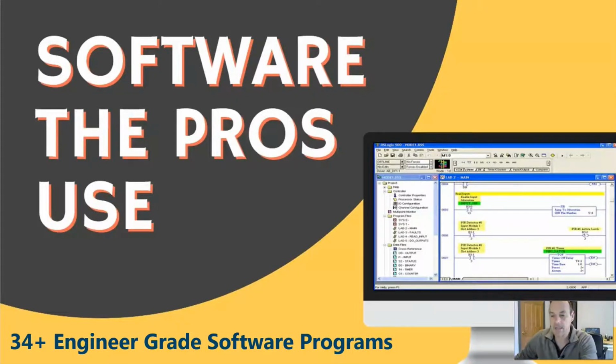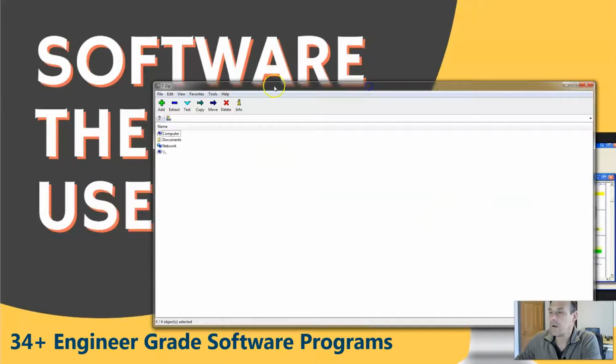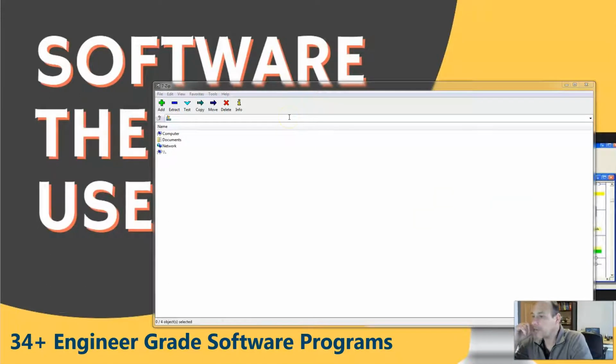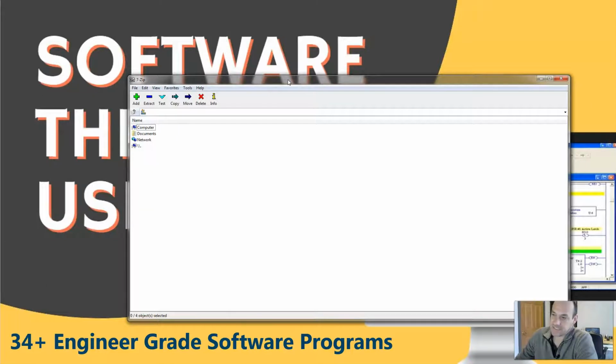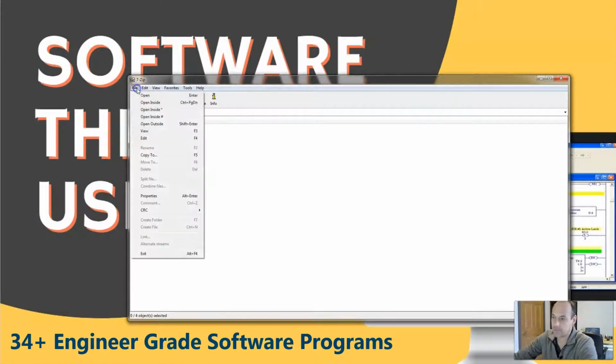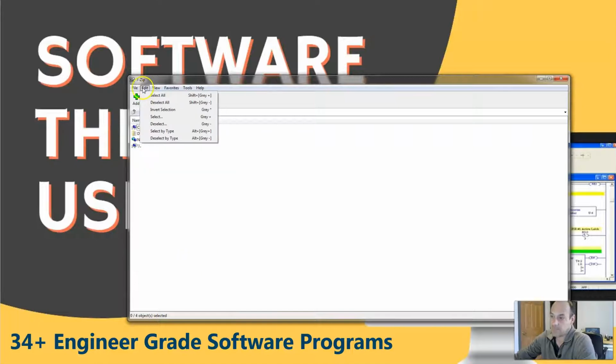Okay, so the next program we're going to talk about is zip file software. I use 7-Zip. It unzips files or zips them up, and makes it easier to transport files.